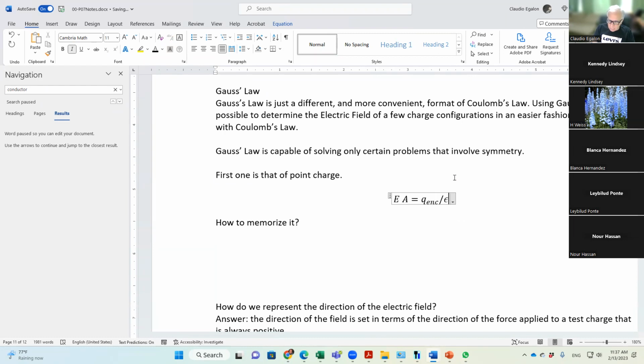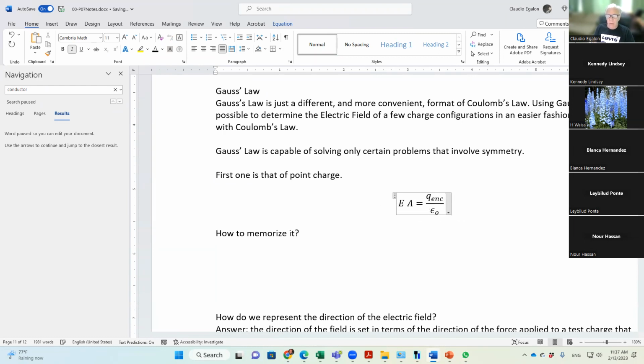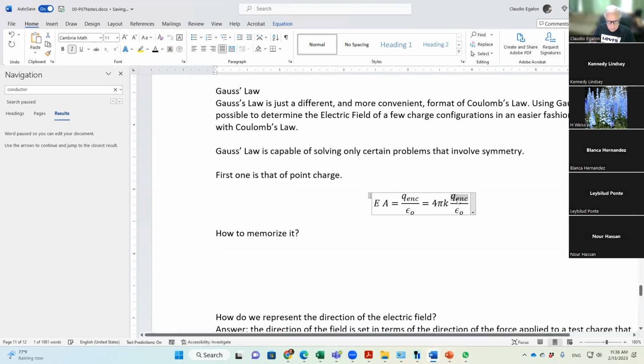I want to talk a little bit more about this constant. This constant is related, by the way, to that other constant that we saw. I'm going to write it in terms of the K constant, okay? 4 pi K. That's the relation between epsilon naught and the K constant.